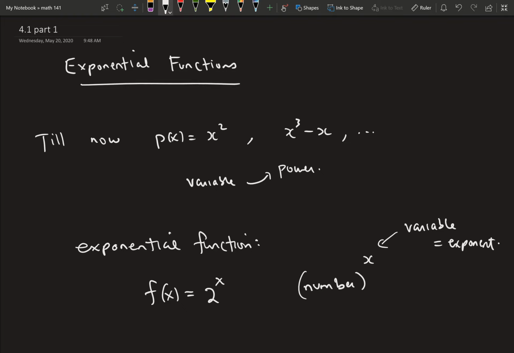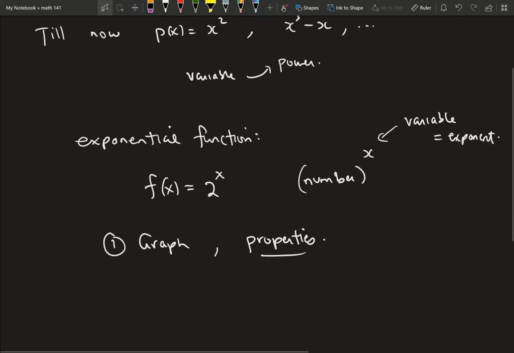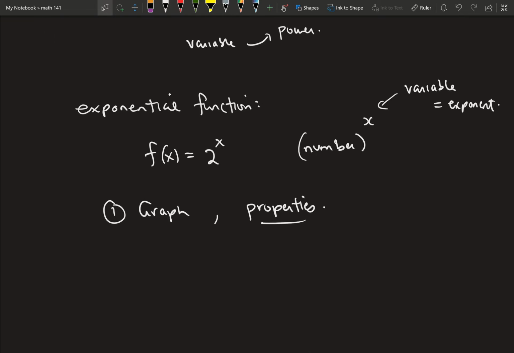And that's what makes it an exponential function. So for starters, we're going to graph and see some general properties of exponential functions. We're going to graph a couple of these, and then we're going to see some properties, things that happen to the graph as x becomes larger and larger, and as x becomes smaller and smaller.